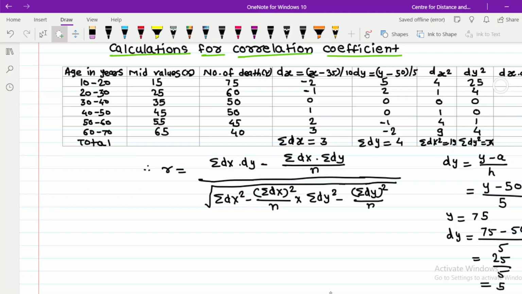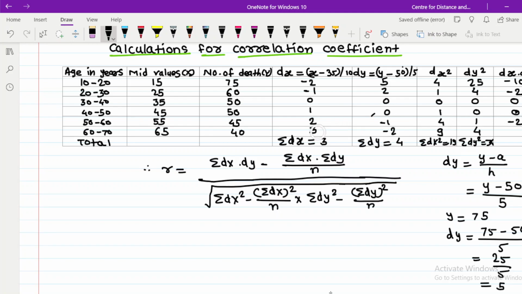Then in the next column we have to find the value of dx into dy, that is minus 2 into 5, which is equal to minus 10. Then minus 1 into 2 is minus 2. 0 into 0 is 0. 1 into 0 is 0. 2 into minus 1 is minus 2.